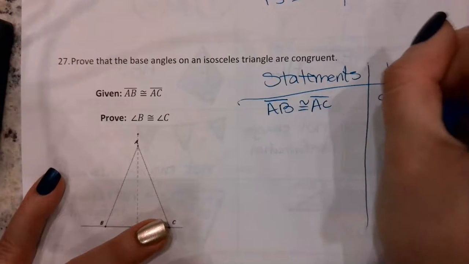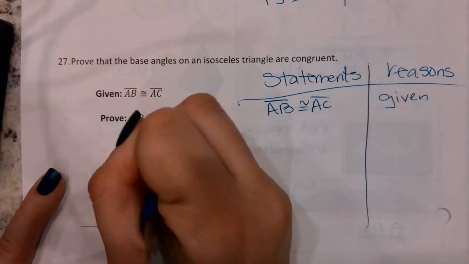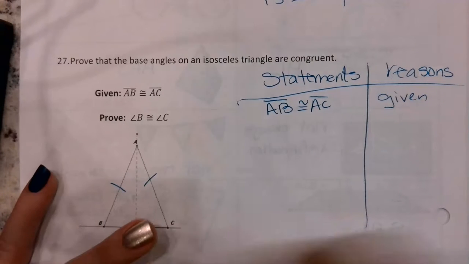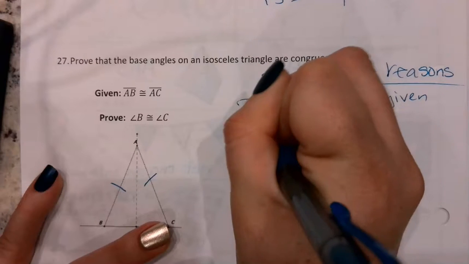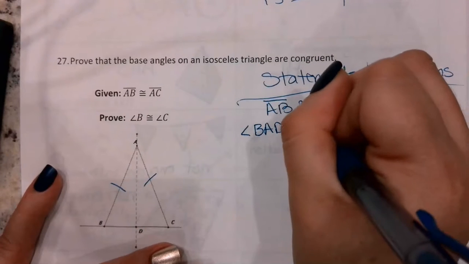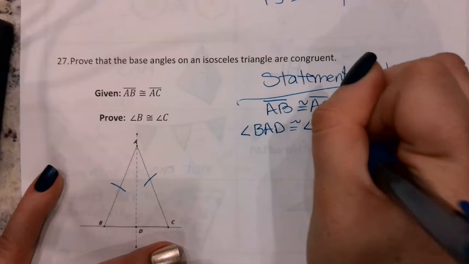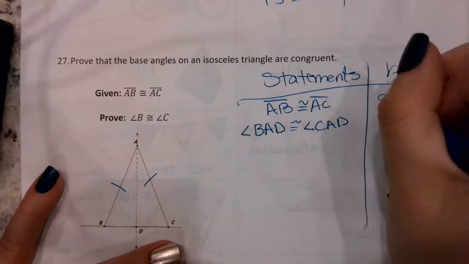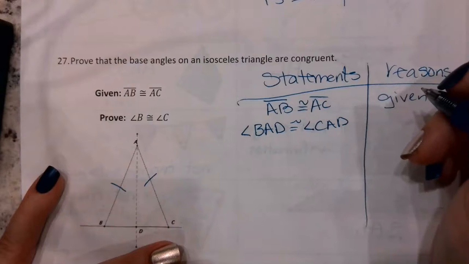That was given. Angle BAD is congruent to angle CAD. This is by constructing the angle bisector of BAC.